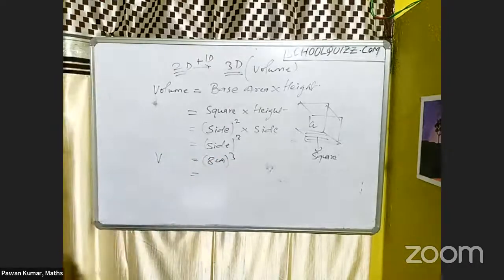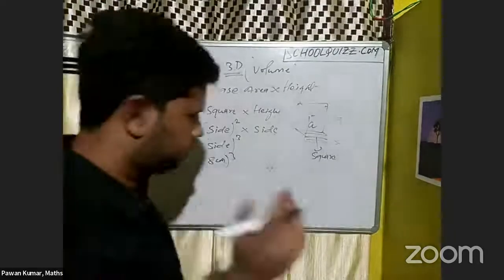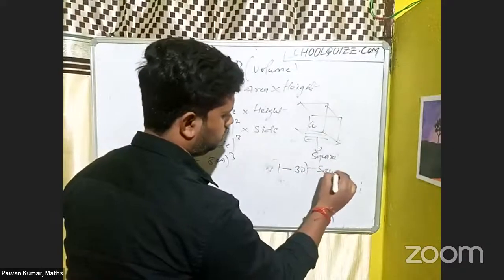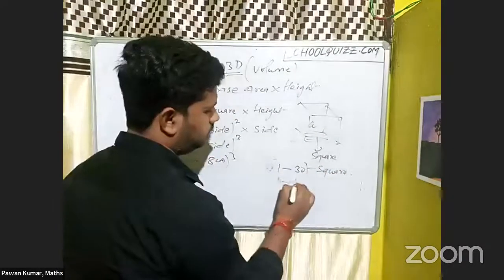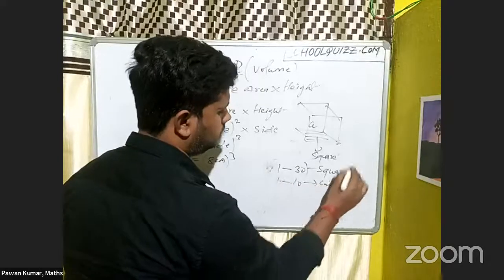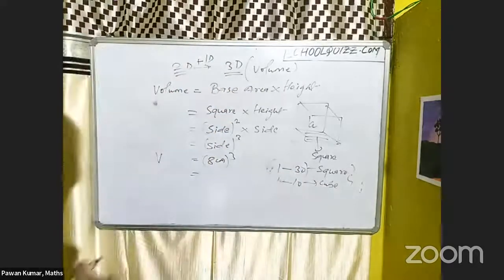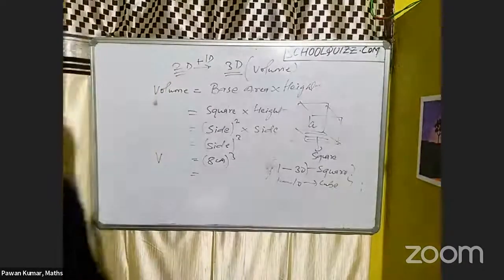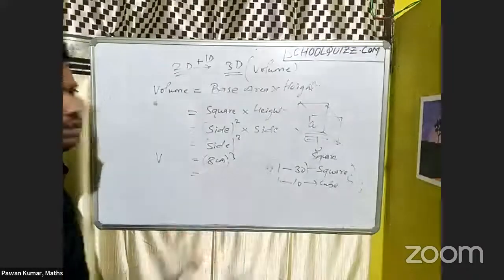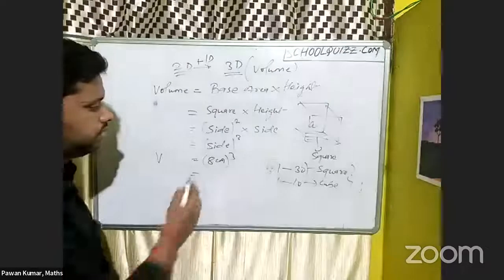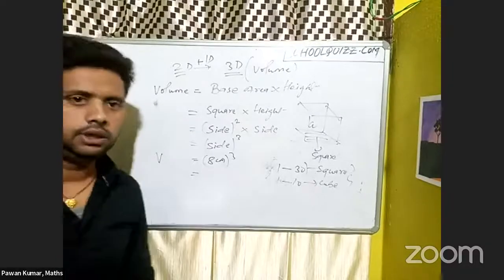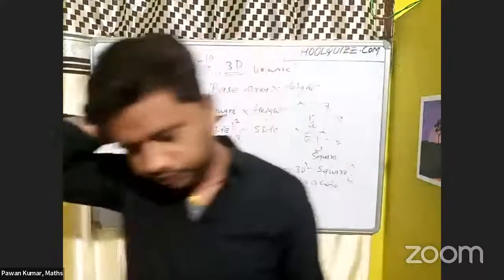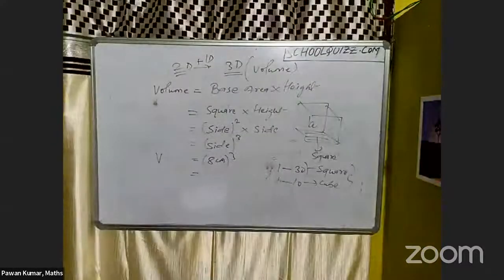Remember squares from 1 to 30 and cubes from 1 to 10, which is very important, because once you remember this, the terms will be very easy for you. So what is 8 cube? Aniket, I hope you know that one. Aniket, what is 8 cube?